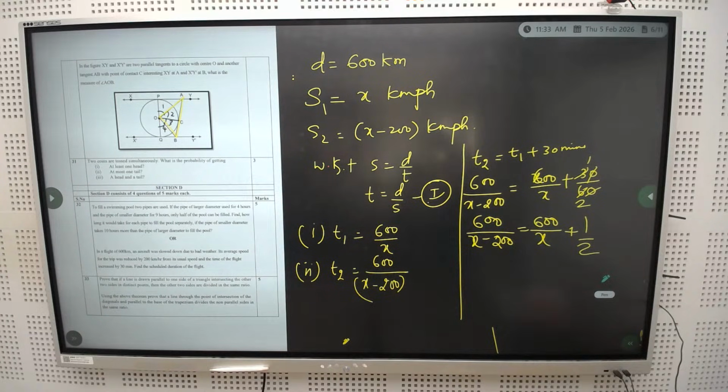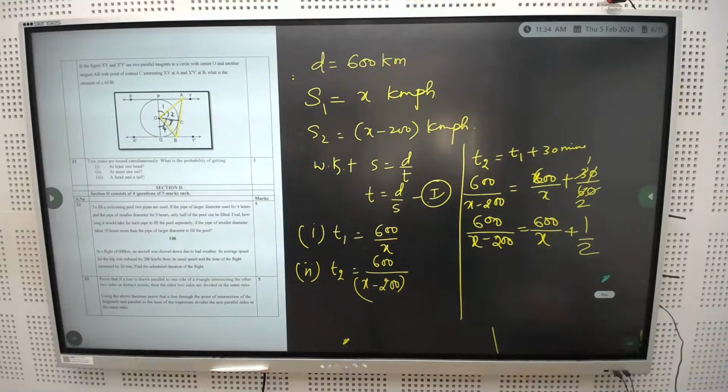X square minus 200x. Minus into minus is plus. This bracket has minus 600, minus 600 plus 200.